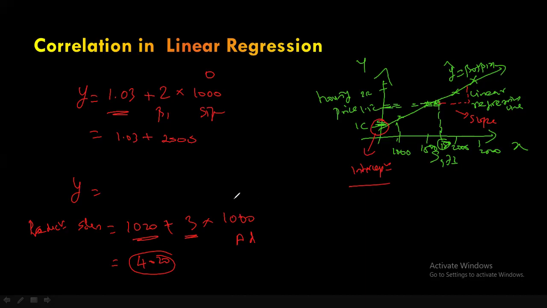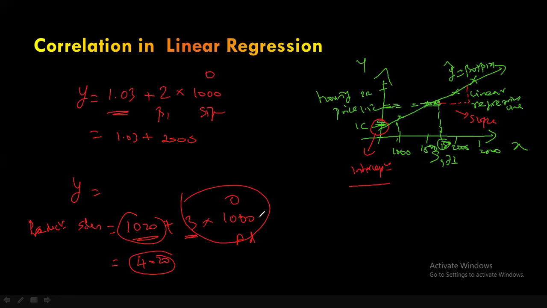Now the question is, if I don't give any advertisement, 3 into 0, this part will become 0, right? So even if I don't give advertisement, the intercept value is 1020, which means if you don't spend any money on advertisement, the predicted average sales is 1020.